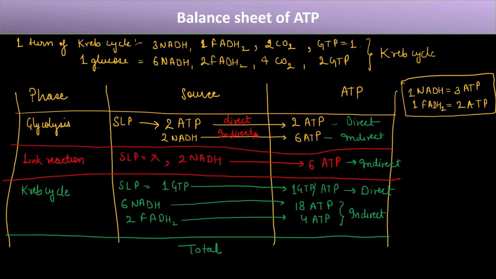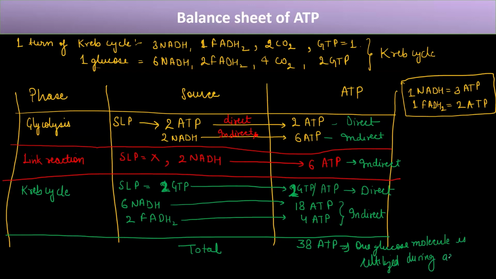Okay, so ultimately, the total ATP that will be produced at the end of one glucose consumption during aerobic respiration will be how much? Here it will be 2, because we are talking in terms of glucose. So we'll have a total of 38 ATP produced if one glucose molecule is consumed during aerobic respiration.